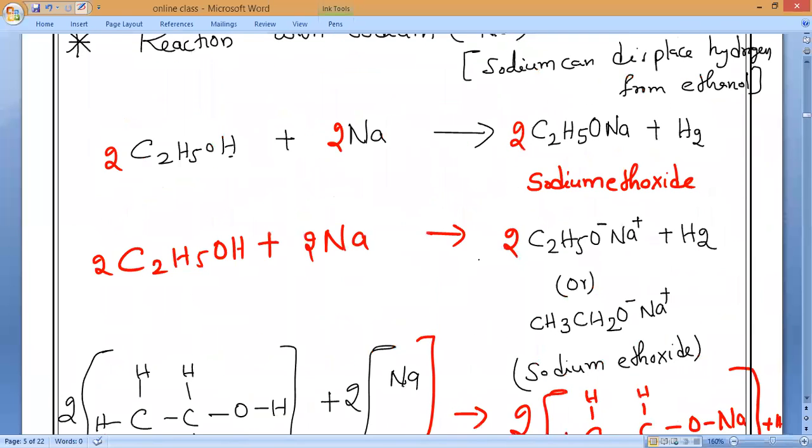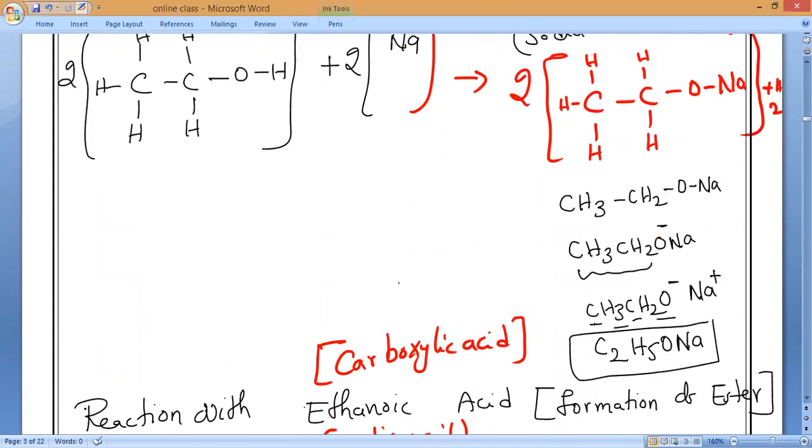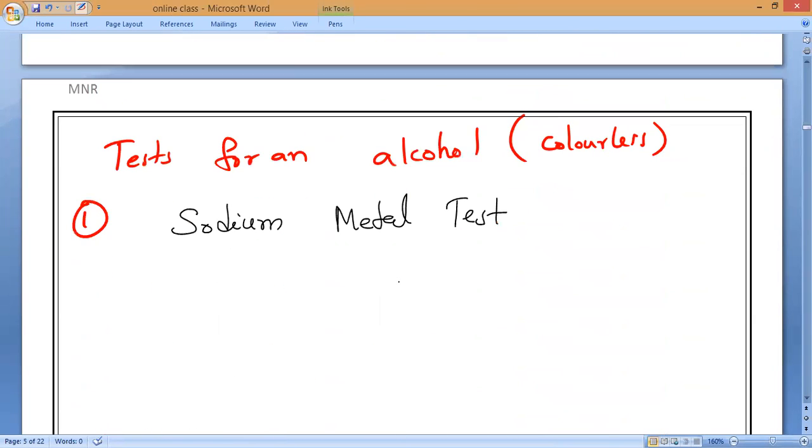Fourth property, sodium. So that is the testing of alcohol. To check whether the given colorless solution is alcohol or not, you can go with sodium metal. So if I put the sodium metal, how can I find out? It is very, very important, guys.